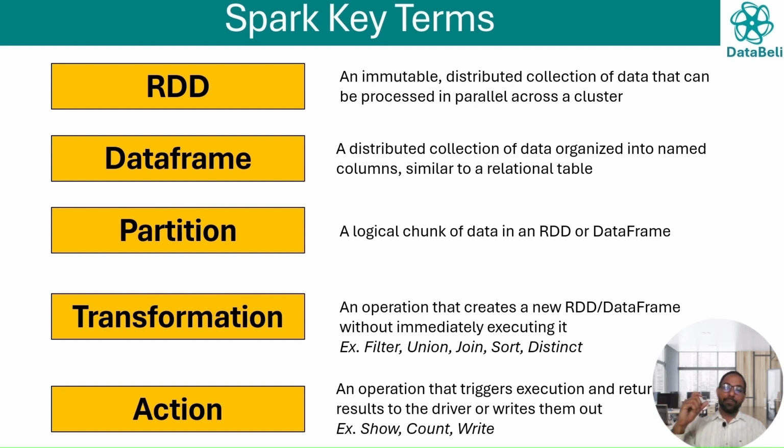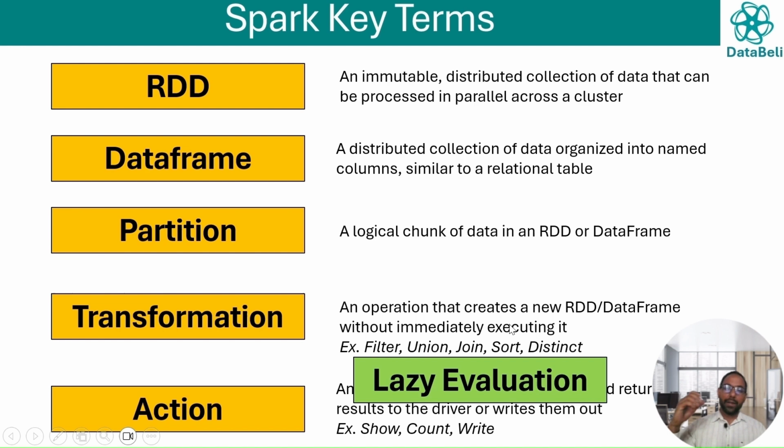So whenever the final output is required, like the show or count or write, that is when it will trigger the actual job on the executors. So that is why Spark is called lazy, and this concept is called lazy evaluation. And it is a very strong concept, I would say. Why?